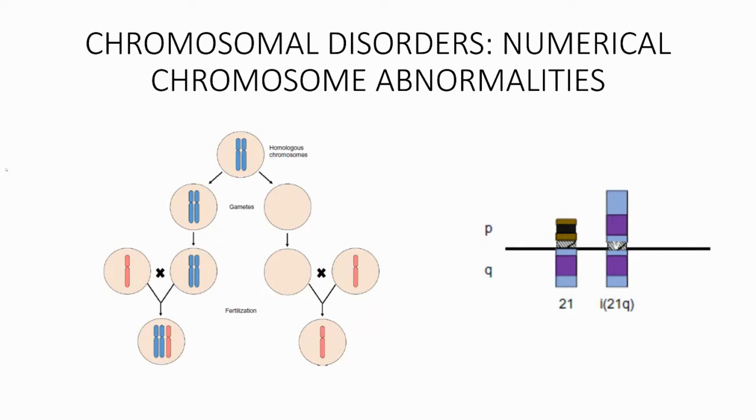Aneuploidy occurs when the chromosome number is not an exact multiple of the haploid number, and results from the failure of paired chromosomes to separate at anaphase. Okay.